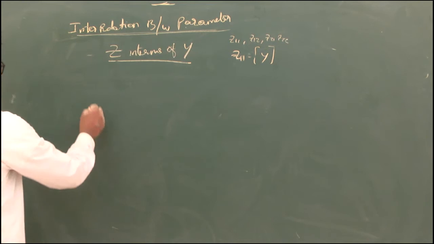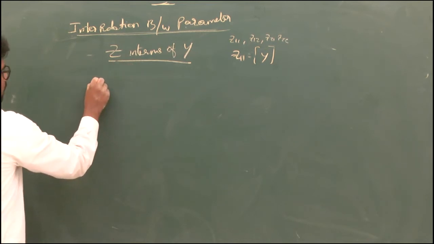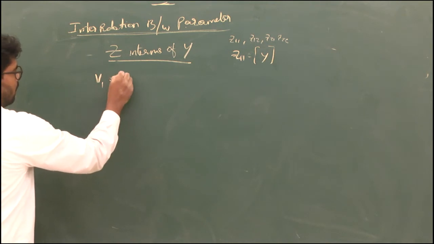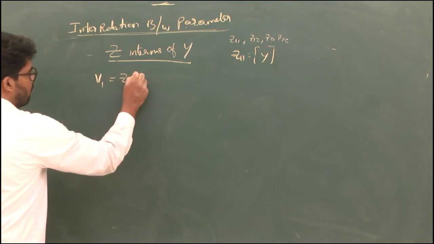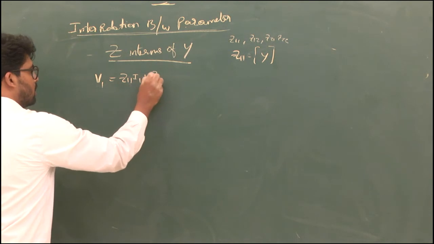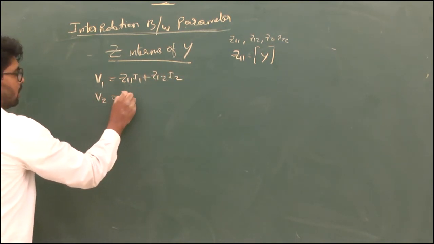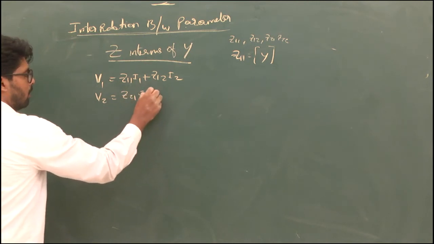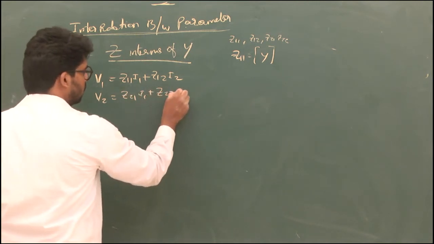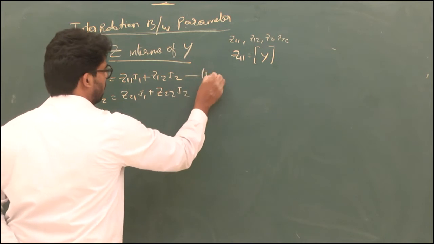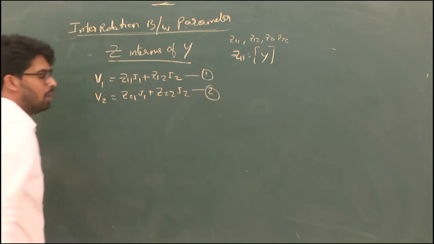To do this, we need to have the Z parameters initially. We have V1 equal to Z11 I1 plus Z12 I2, and V2 equal to Z21 I1 plus Z22 I2. This is equation 1 and this is equation 2.